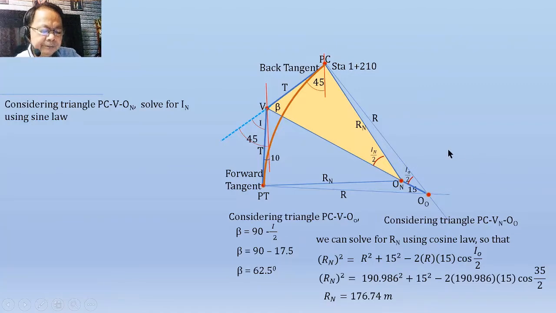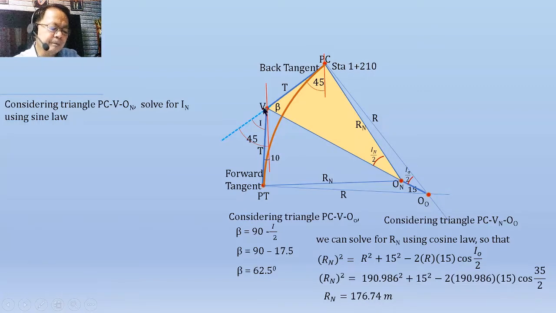So in the triangle, we already know the following. We know that this angle is angle beta, which is already computed at 62.5. And we have computed for R sub n, and that R sub n is equal to 176.74.